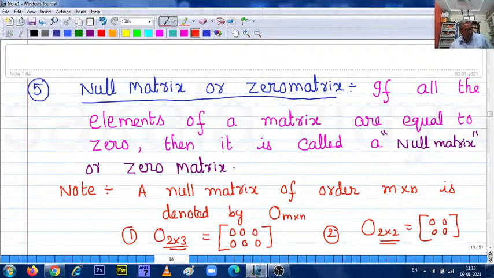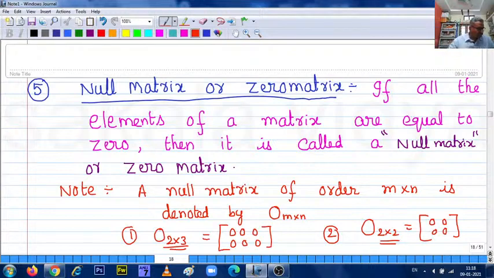So now a few important concepts need to be discussed before going to the next type of matrix. Let me discuss what is meant by the principal diagonal. That's very important. Next we discuss trace of a matrix also.